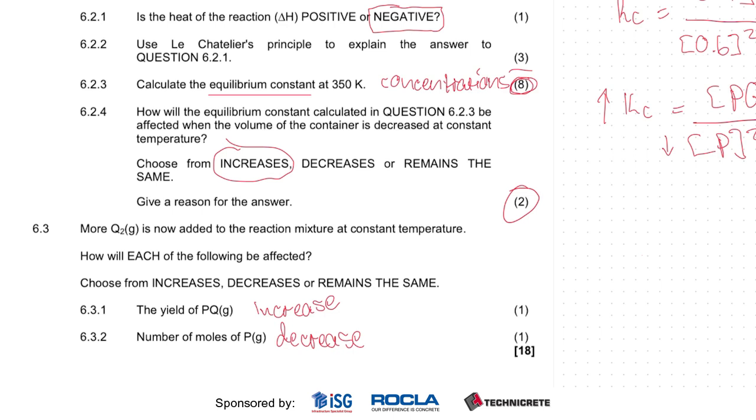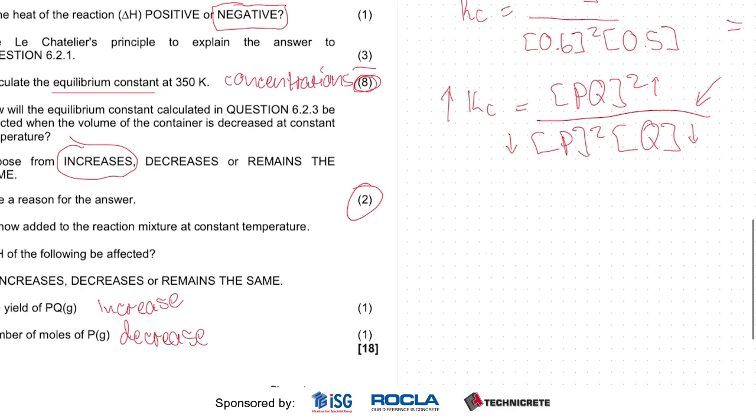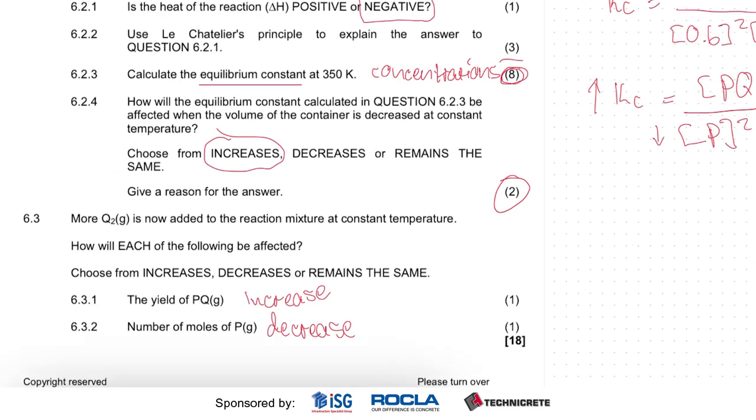Honestly, I guess the reasoning I gave, trust me, this reasoning is correct. But I guess the way the memo wants you to think is, okay, it remains the same, that's the answer, and it's because T doesn't change.